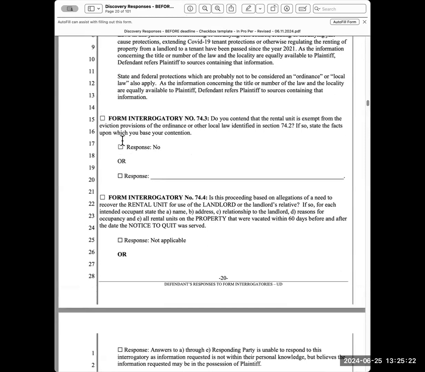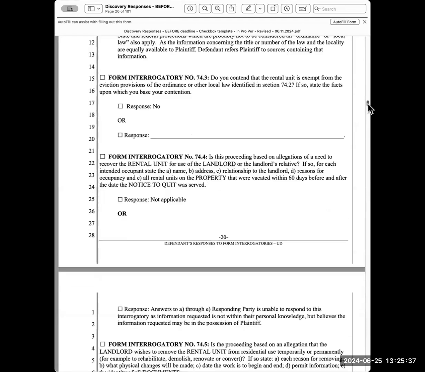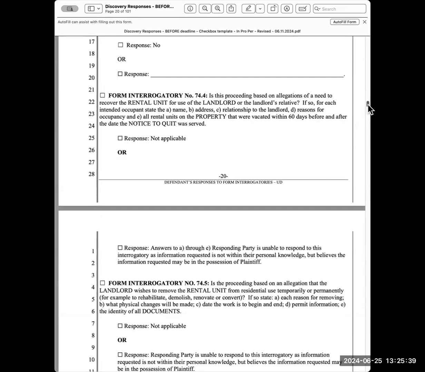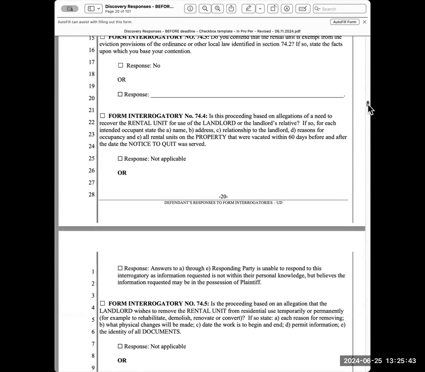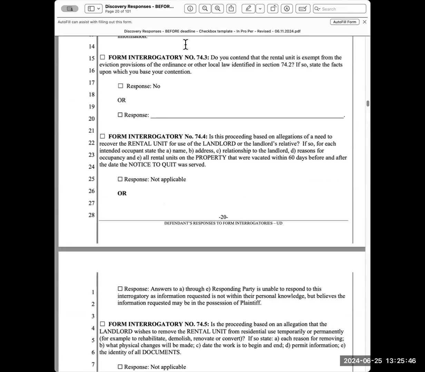This is not often checked, but if it is, your response is most likely going to be no, because you don't contend that your unit is exempt from those protections. If you do contend that, you can always check here and put in your response. You have to put in the information that's truthful for you, but I'm just letting you know that this is typically a question of asking the landlord if they believe you're exempt.